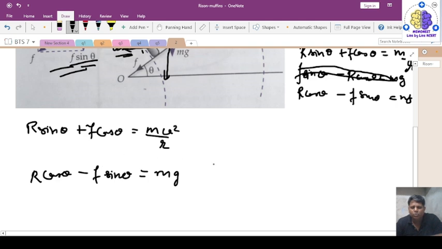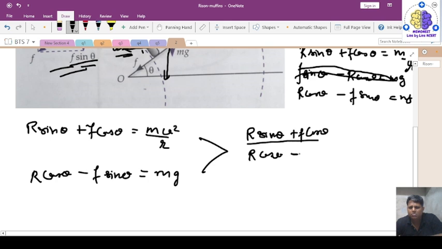Now dividing the two equations, what we will get is R sin theta plus F cos theta upon R cos theta minus F sin theta is equal to v square upon rg, right?